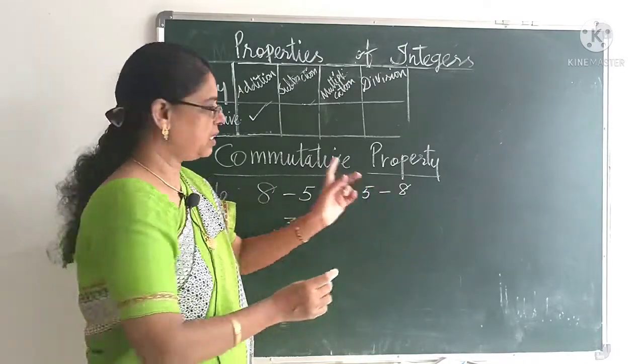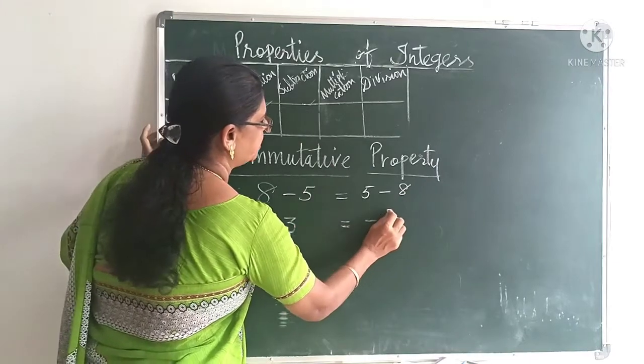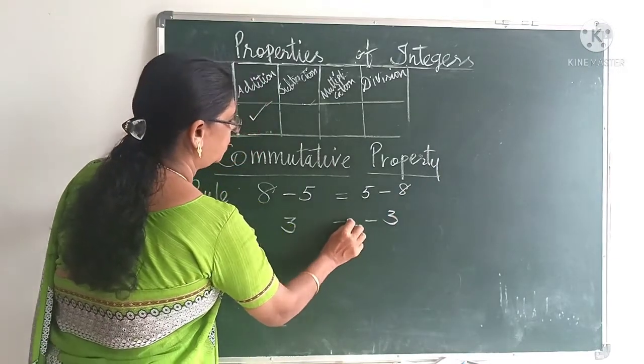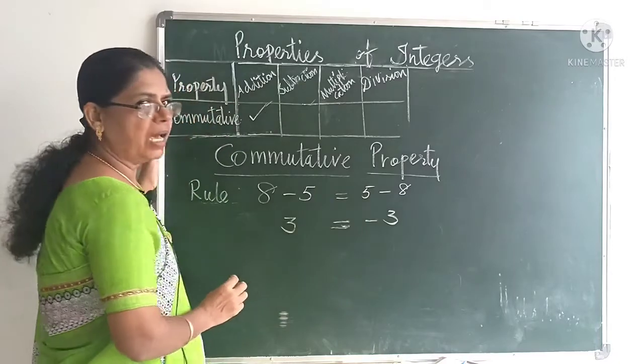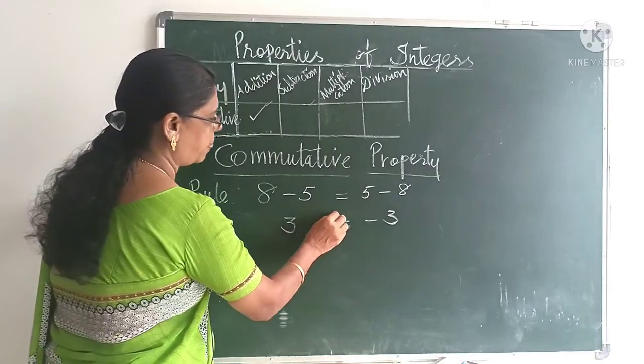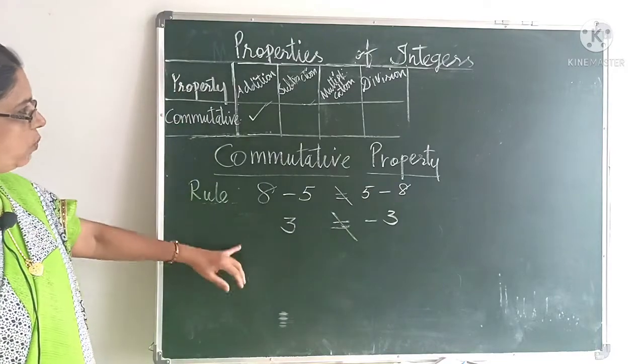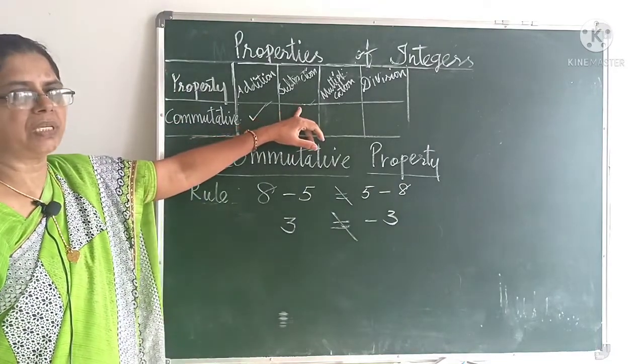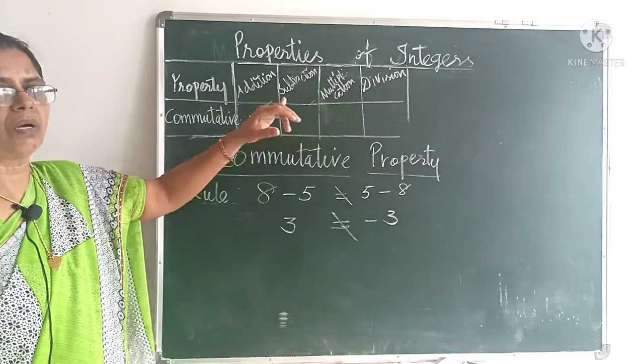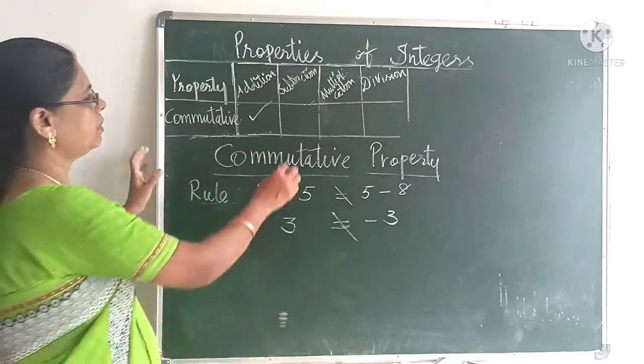What is 5 minus 8? It is minus 3. So, on both sides the answers are not the same. So, we say subtraction of integers does not hold commutative property.